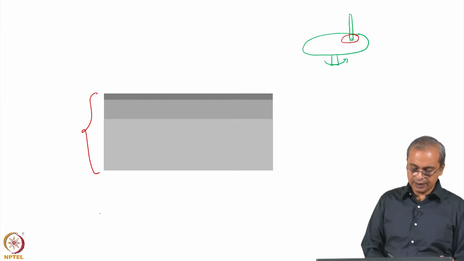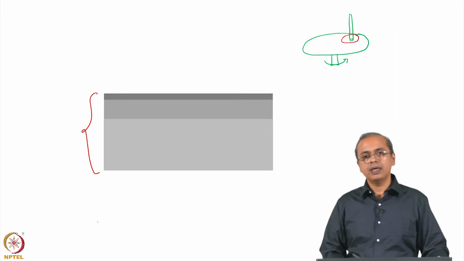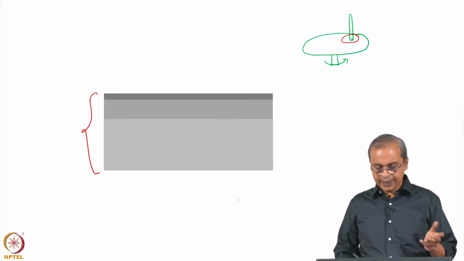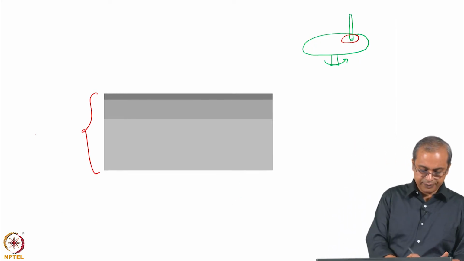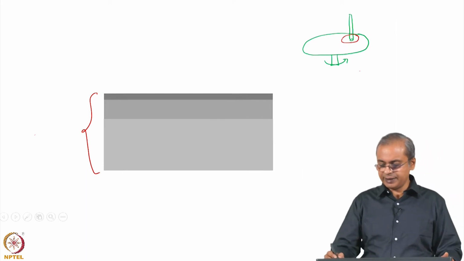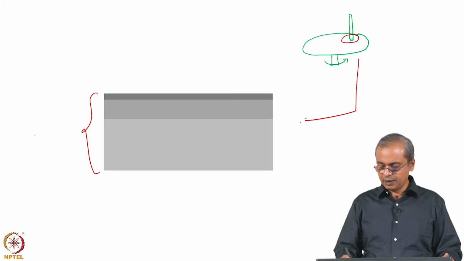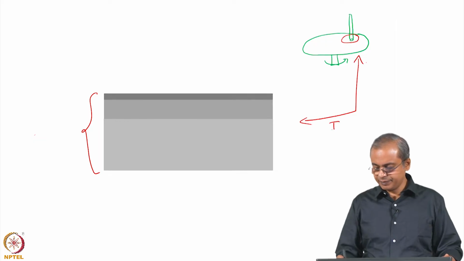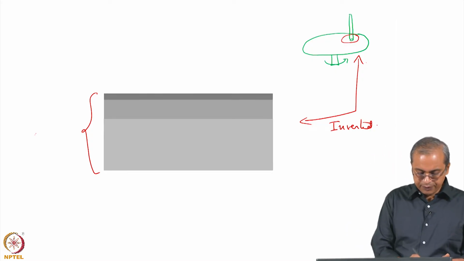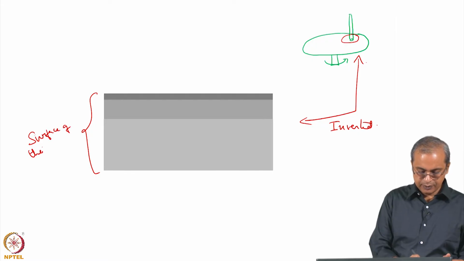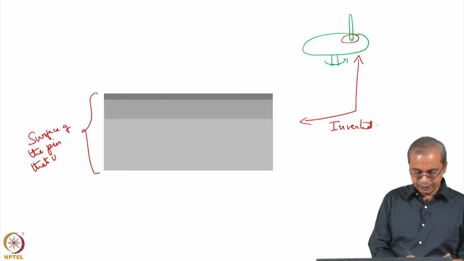This set of 3 layers that I am showing you is a schematic of what you can expect at the top of the pin. If you look at the orientation with respect to this test, this is inverted. The whole thing is the surface of the pin that underwent wear, that was subject to wear.